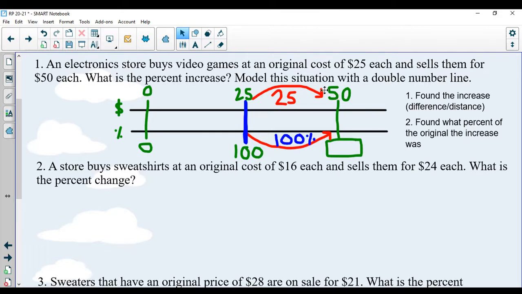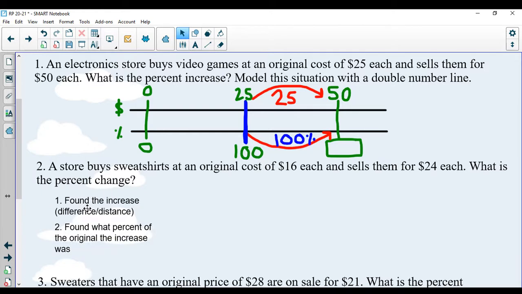Once I found the amount it was increased, I then determined what percent of the original amount this increase was. So in this question, I would have been asking myself, 25 is what percent of 25? It makes sense to say that 25 is 100% of 25 because they're equal. So this is a logical answer to me. That makes sense.